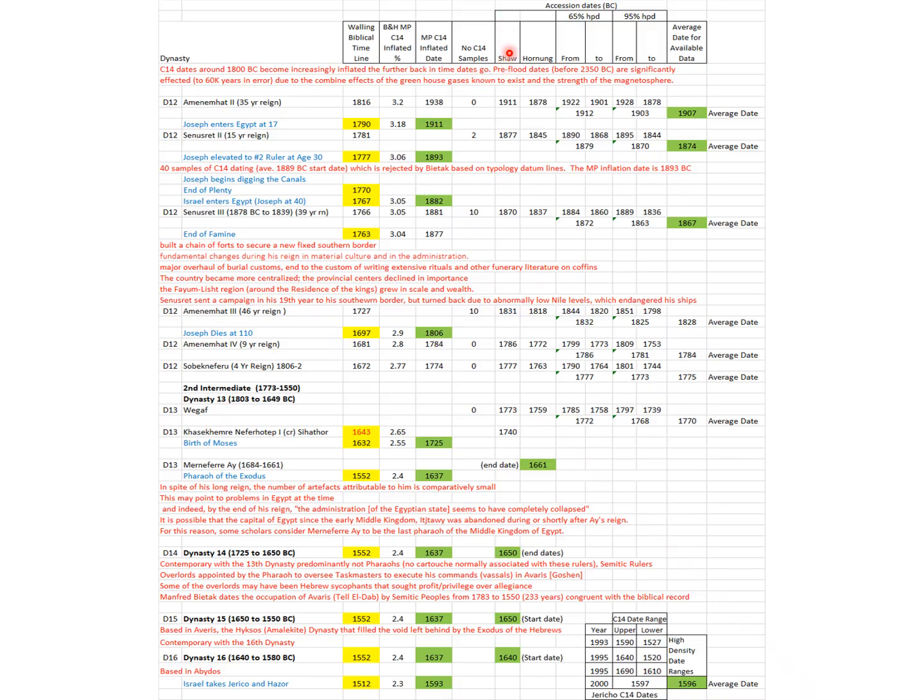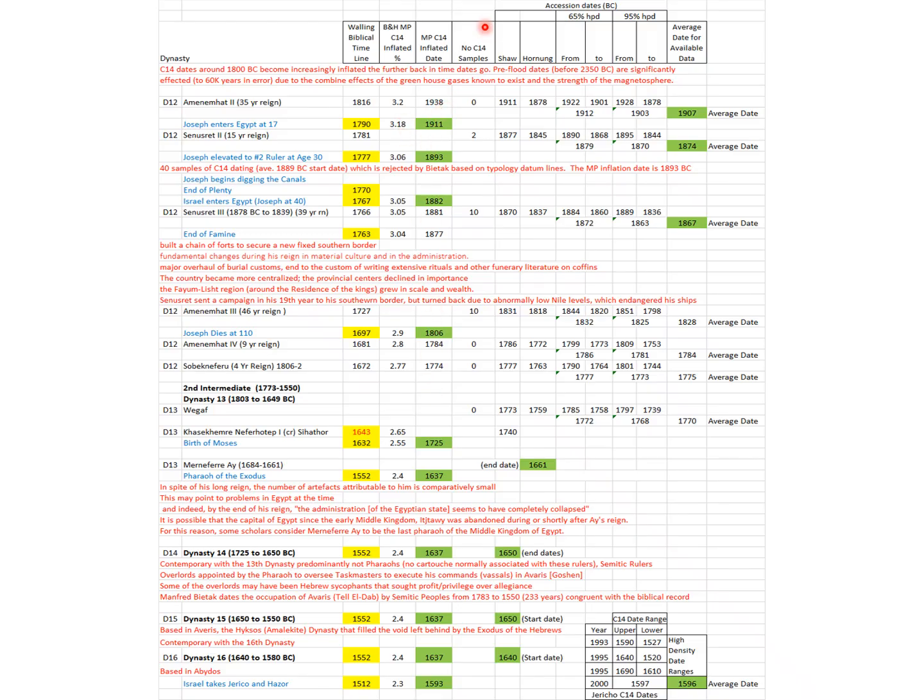These are two Egyptologists, Shaw and Hornung, and then the 65% HPD modeling that we talk about here is the from and the to dates, the range, and the 95% HPD from and to dates. Okay, and then I added another column, the Walling Biblical Timeline, and then the B&H MP carbon-14 inflated percent in this column, and then the magnetosphere's carbon-14 inflated date here based on these percents.